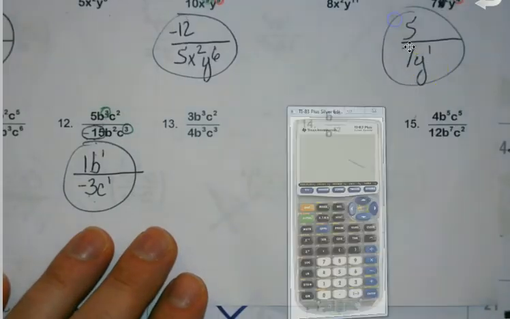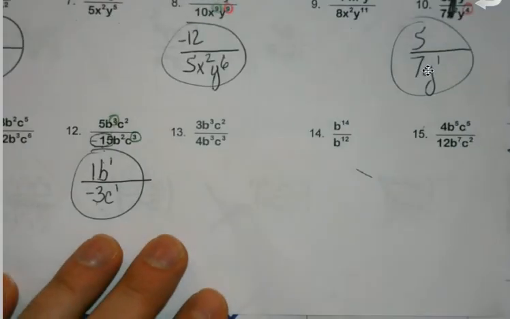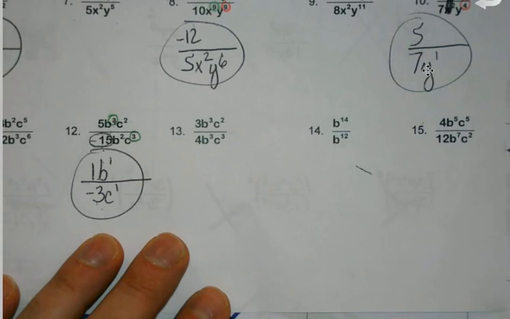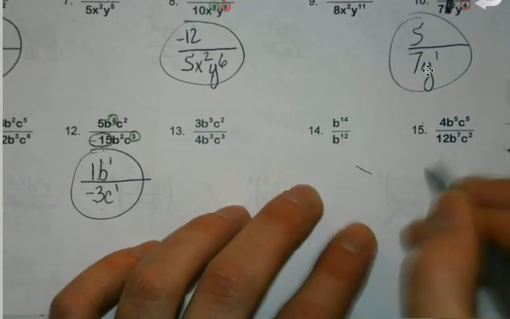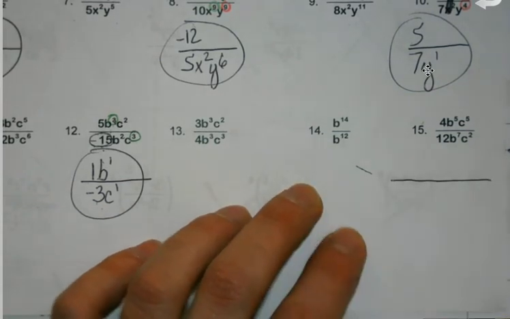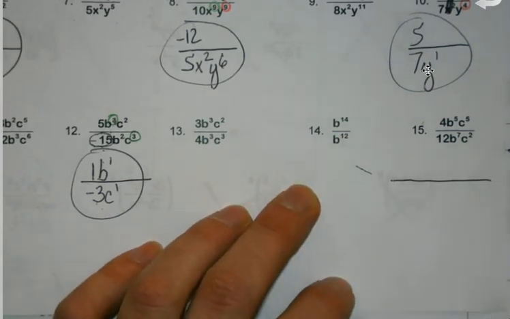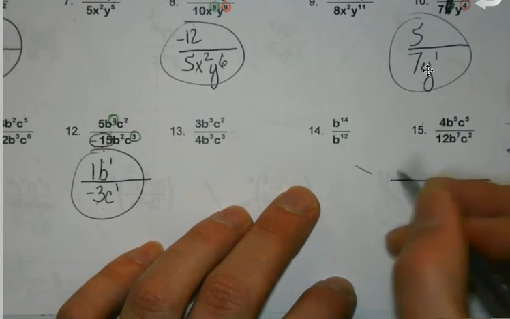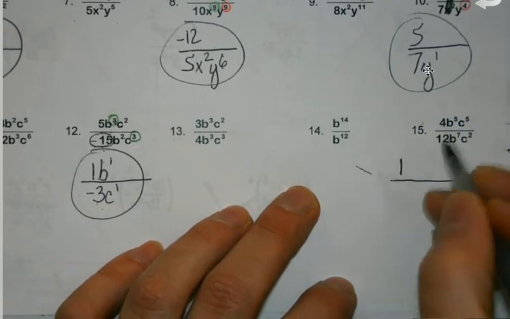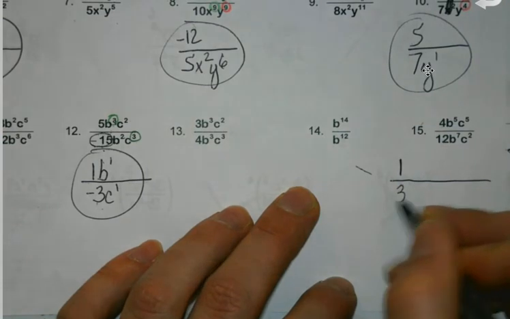All right, let me shrink this down. Okay, so 15. Here we go again. 4 over 12. What divides into 4 and 12? Ooh, some of you are thinking ahead here. Okay, 4 does. So 4 divided by 4 is 1. 12 divided by 4 is 3.